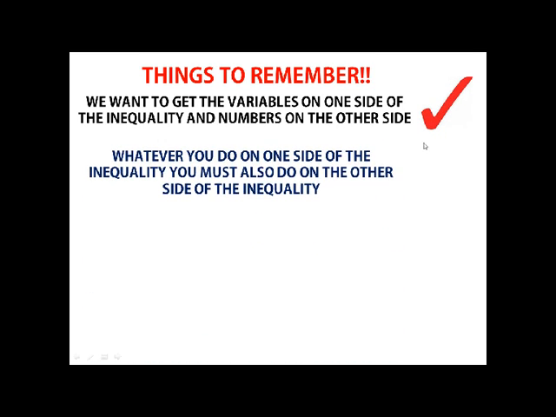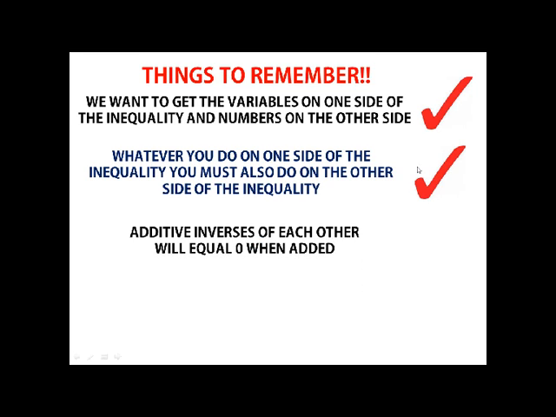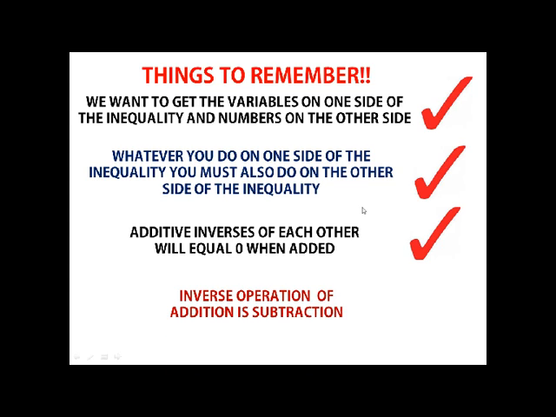Also, in algebra, it's really important to know that whatever you do on one side of the inequality, you must do on the other side of the inequality. Also, additive inverses of each other will equal 0 when added, and the inverse operation of addition is subtraction, and the inverse operation of subtraction is addition.